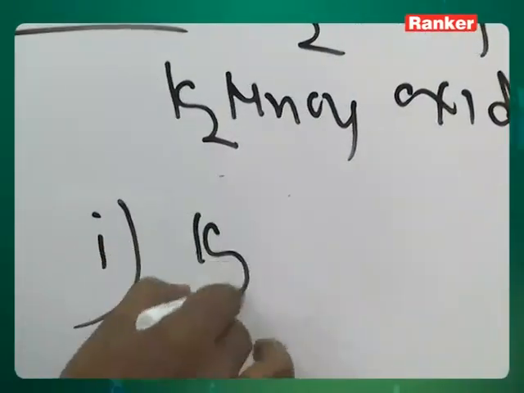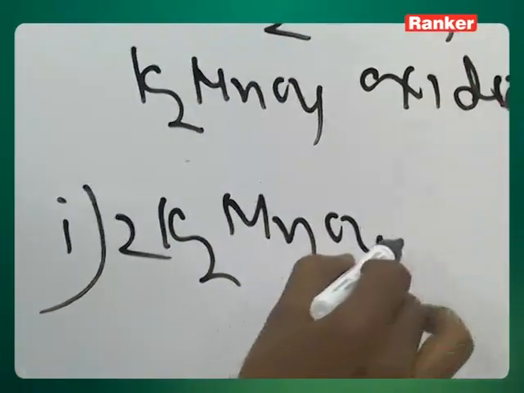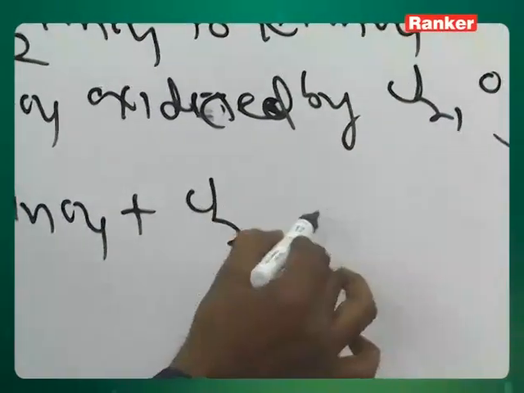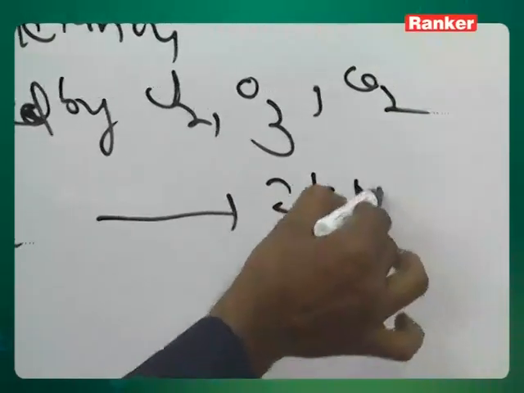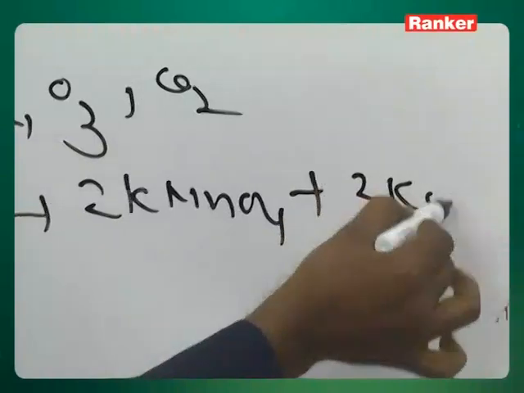Now 2K2MnO4 potassium manganate plus Cl2, then you get 2KMnO4 potassium permanganate plus 2KCl.